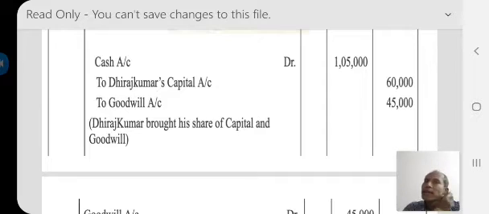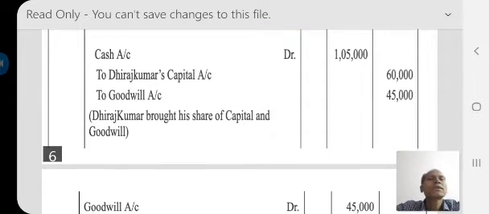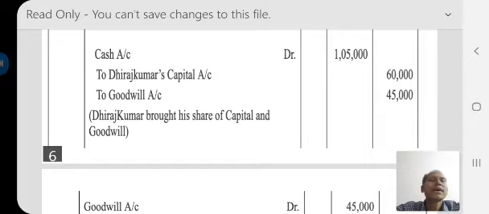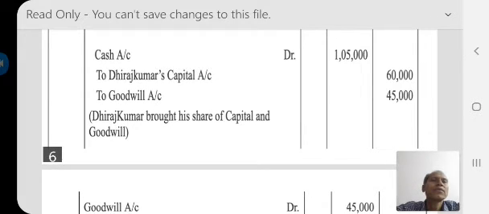Cash now entry is, cash is brought. Capital and goodwill is brought in the form of cash. Clear? Capital is 60,000, goodwill is 45,000. Total is 1,05,000. The new partner has brought the capital as well as goodwill in the form of cash.